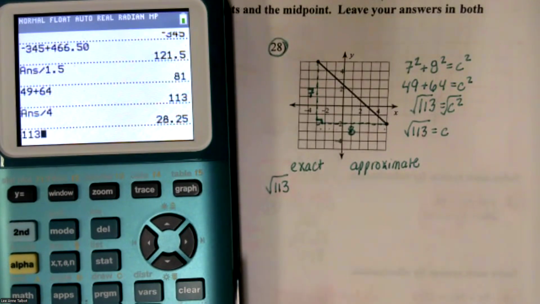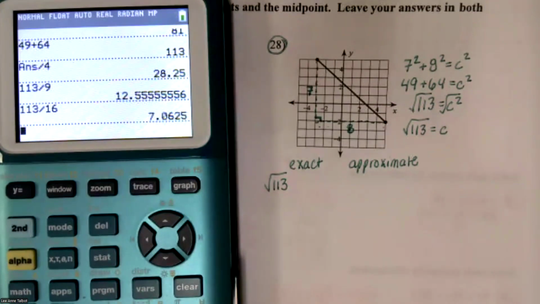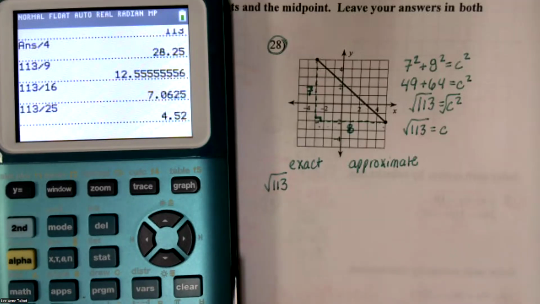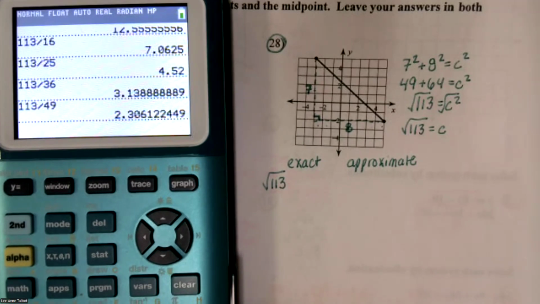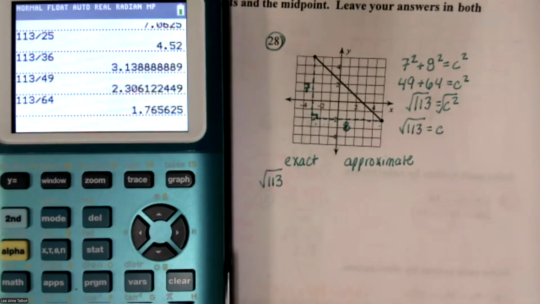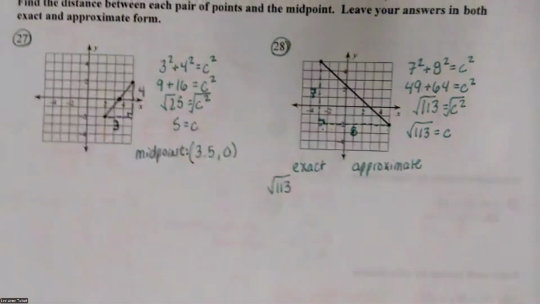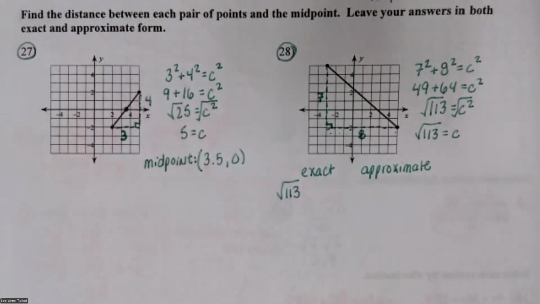No. 9? No. 16? No. Is it prime? Do you guys know what that word means? Do you think it's prime? Yeah, must be. Okay, so that means the exact is just square root 113. That's the answer. Can't simplify it any further.